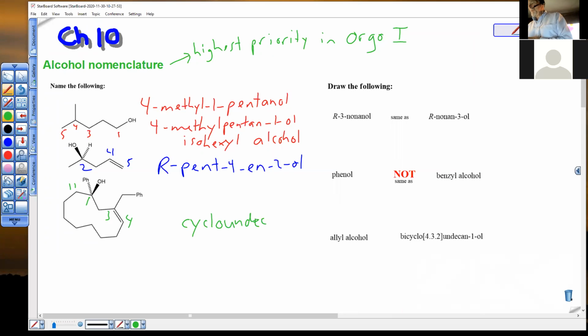Don't forget there's a double bond between 3 and 4. You don't need to tell me on number 1 there's an alcohol. It's understood. I don't deduct points anymore. If you add 1-ol there, I used to take a quarter point off, and I don't know why.